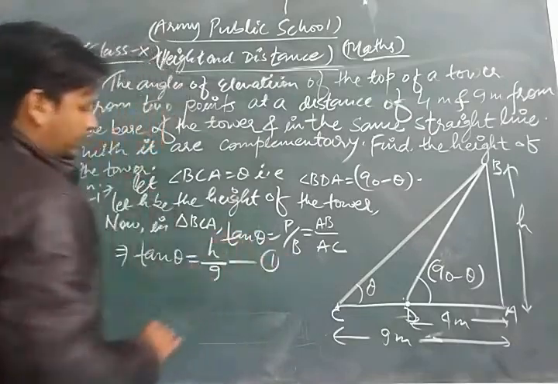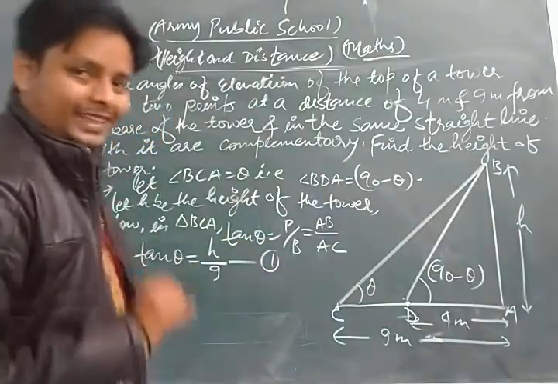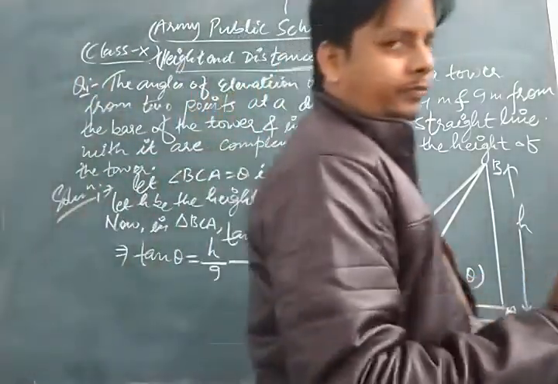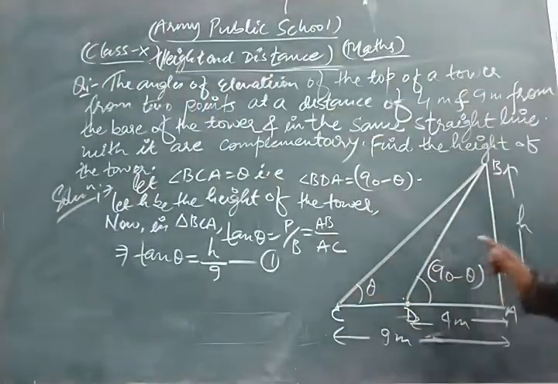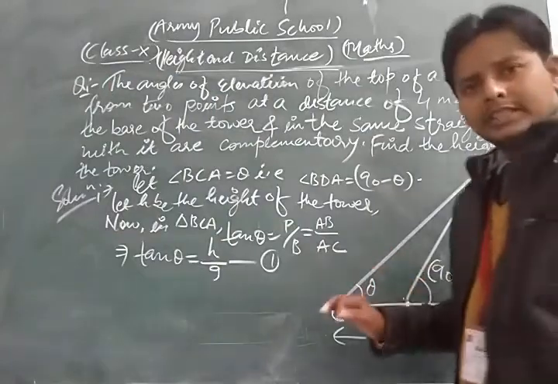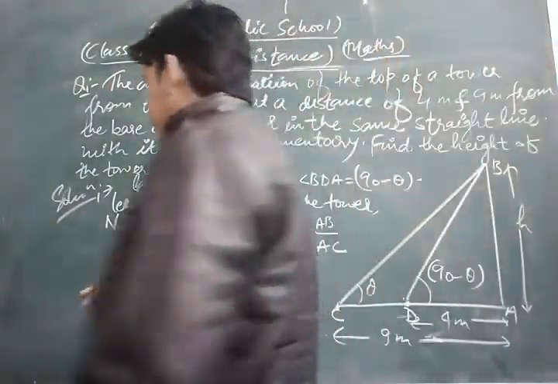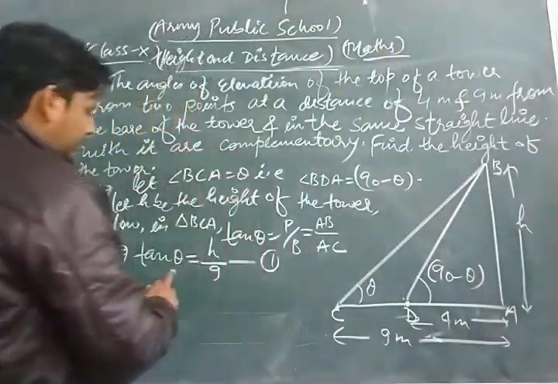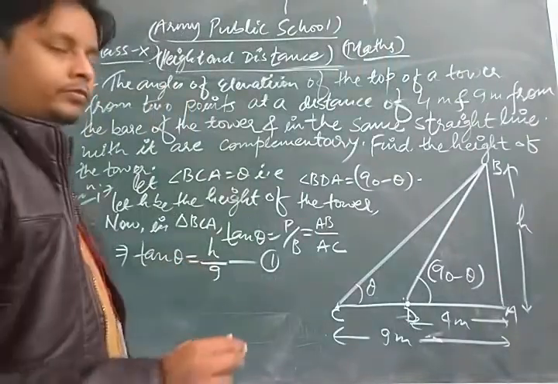Take this as equation number 1. So in this way, we take triangle BCA and from this triangle we find the relation tan theta is equal to H upon 9.